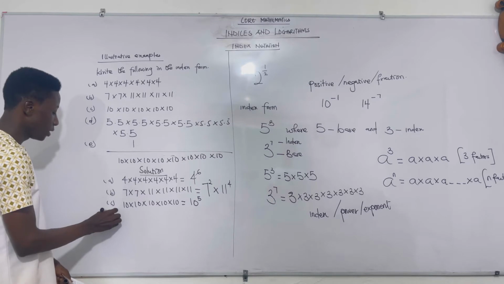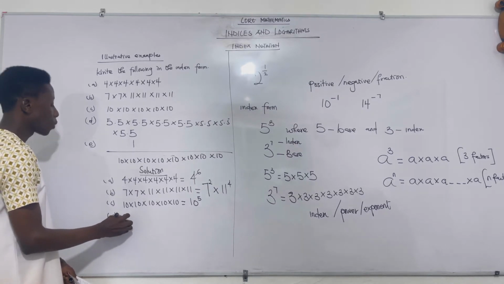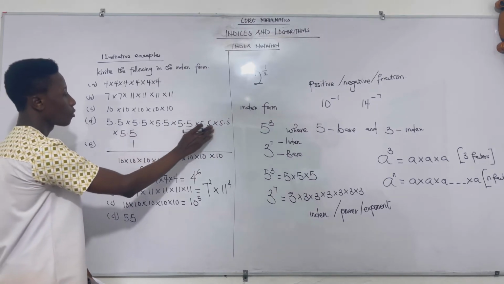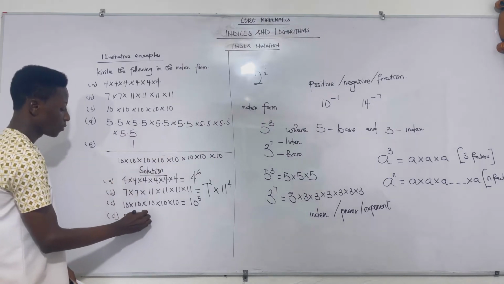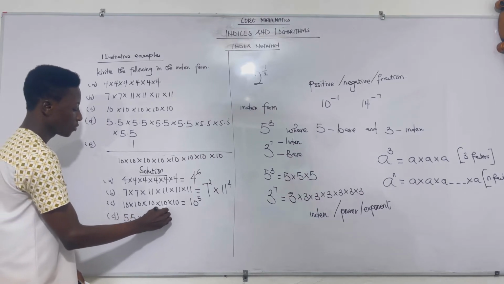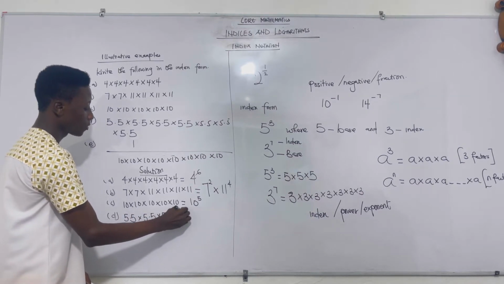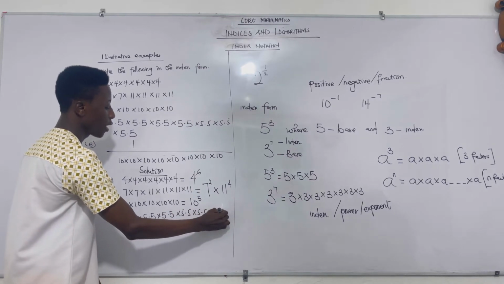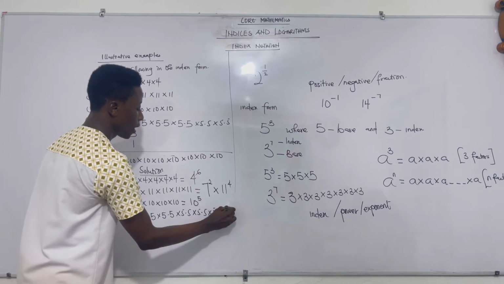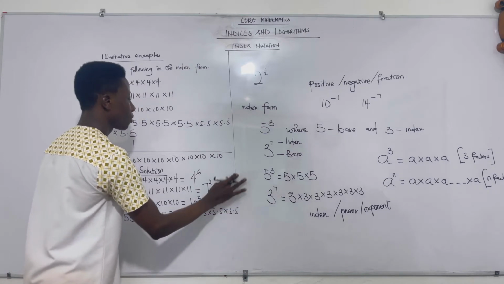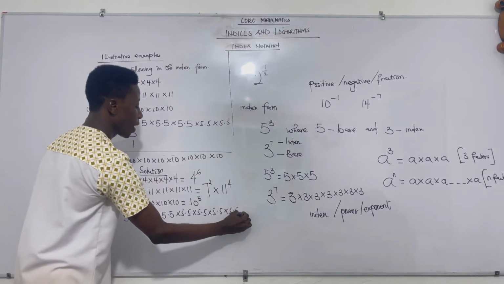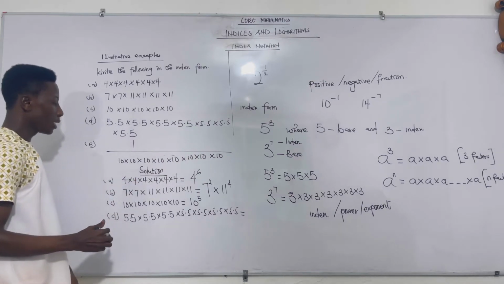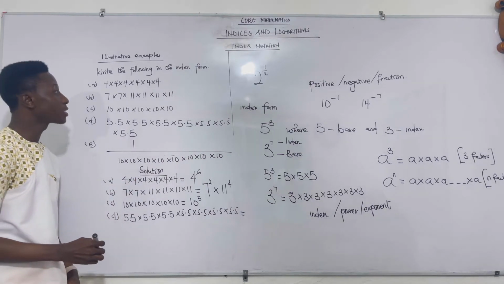So we go to D. You have 5.5 times 5.5 times 5.5 times 5.5 times 5.5 times 5.5, then times 5.5. How do we write this in index form?